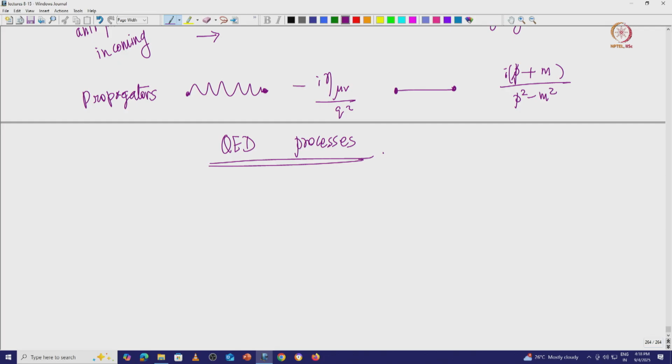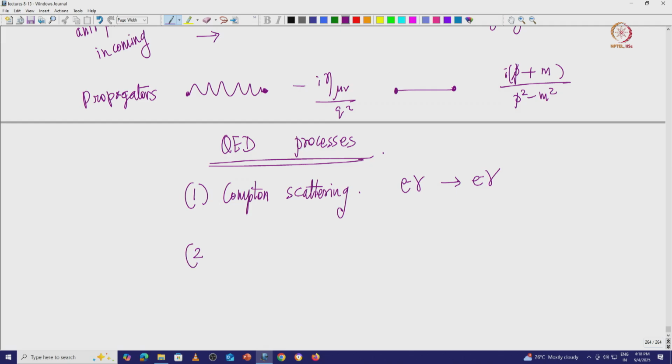One of the first processes is called Compton scattering, which is e gamma going into e gamma, that is e minus gamma going into e minus gamma. This is a scattering process between an electron and a photon.